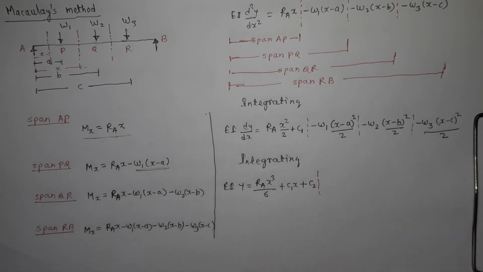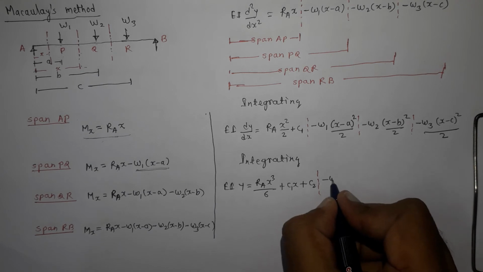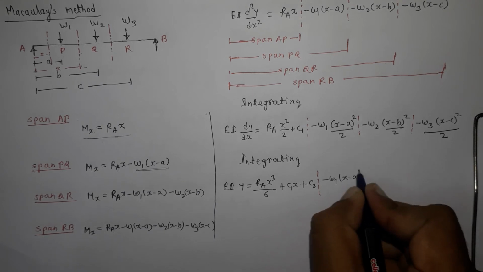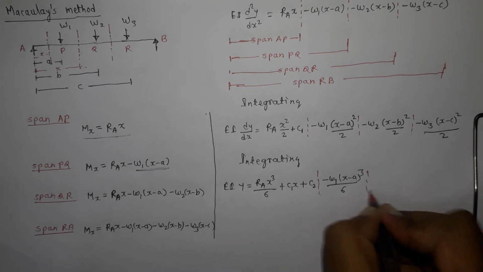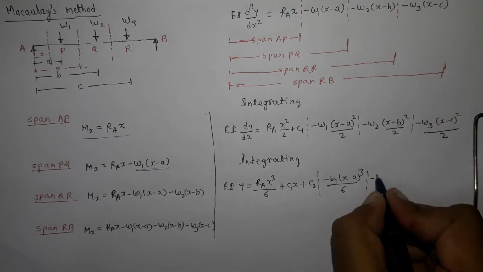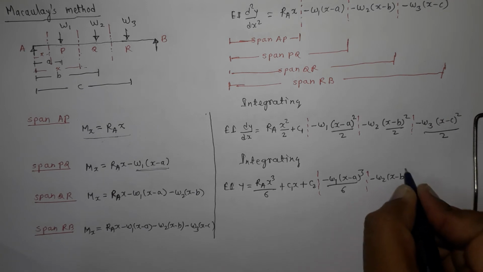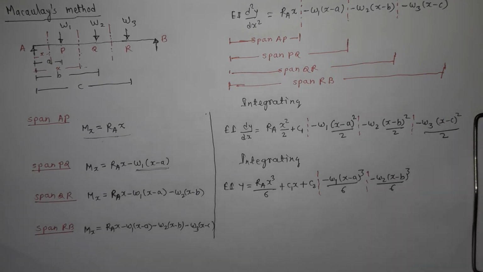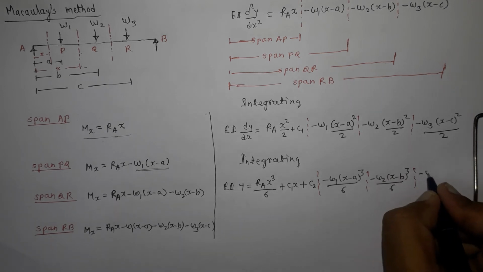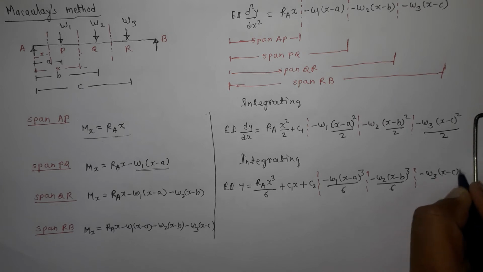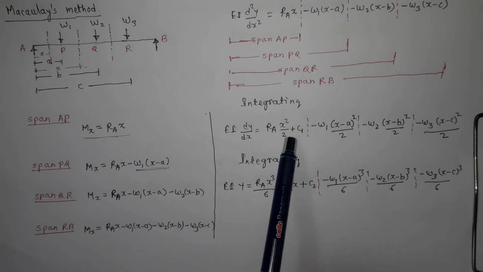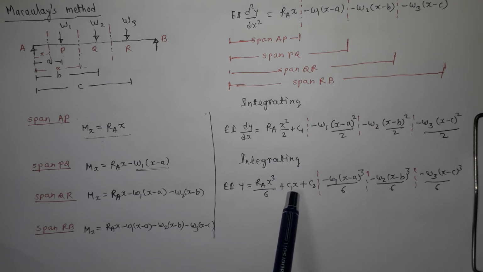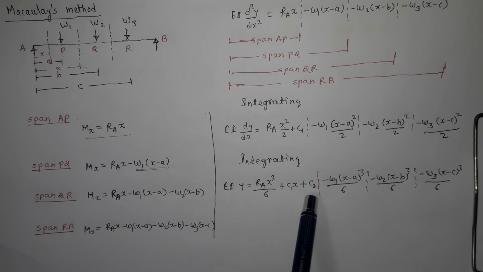So put the partition after writing that constant, minus W1 into (x minus a) bracket cube divided by 6, partition, integration of this term will be minus W2 into (x minus b) cube divided by 6, partition, minus W3 into (x minus c) bracket cube divided by 6. So this first equation is the slope equation, whereas this is the deflection equation. But before that, we will have to get the constants of integration.